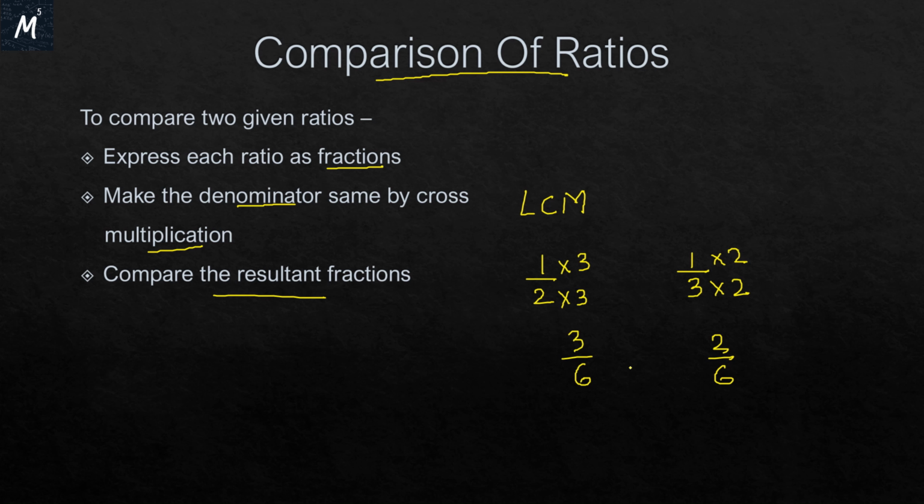Now the denominators are the same. We can easily compare the numerators, the upper numbers. So 3 is greater than 2. So 3 upon 6 is greater than 2 upon 6. That means the original 1 upon 2, 1 is to 2, is greater than 1 is to 3. So this is how we compare, just by making the denominators the same.